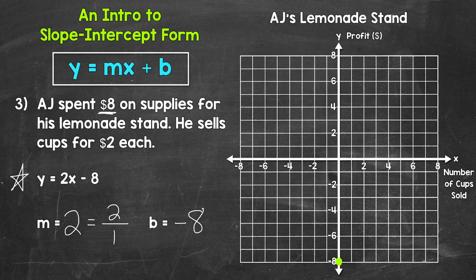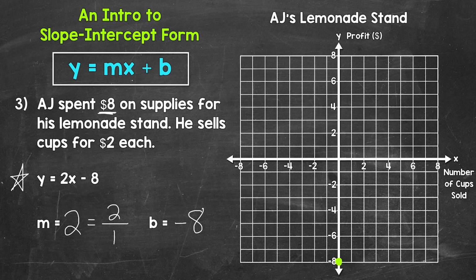And this graph is going to be a visual representation of this. So for an overview of this equation, we have y, AJ's profit, equals 2x, so $2 times the number of cups sold, minus $8, which was the money he spent to start.